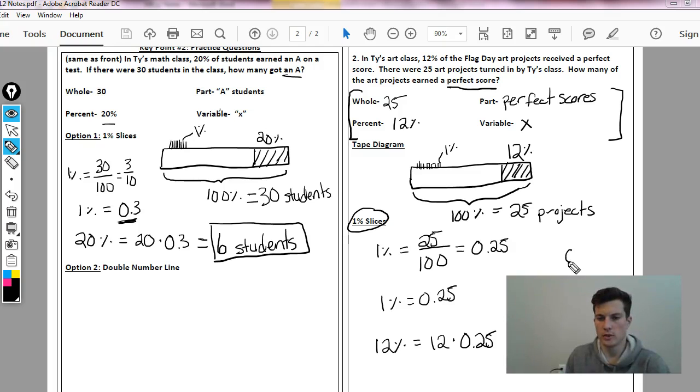So we need to do the math here. Let's see, 25 hundredths. I'll multiply by 12. 2 times 5 is 10, carry a 1. 2 times 2 is 4, plus 1 is 5. Good. I cross out my 2 and I put a 0 to hold that place value. And I don't need that 1. 1 times 5 is 5. 1 times 2 is 2.